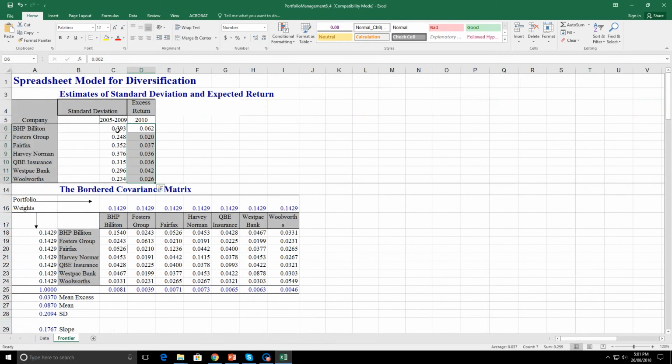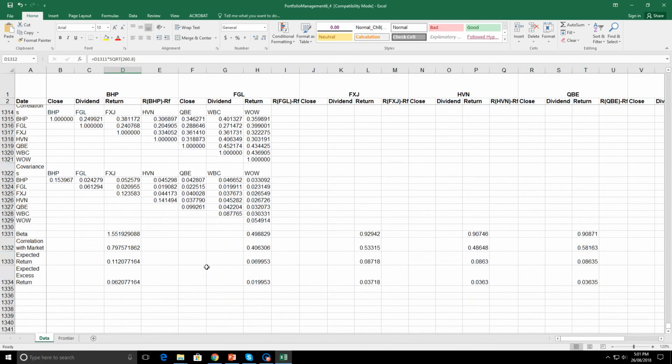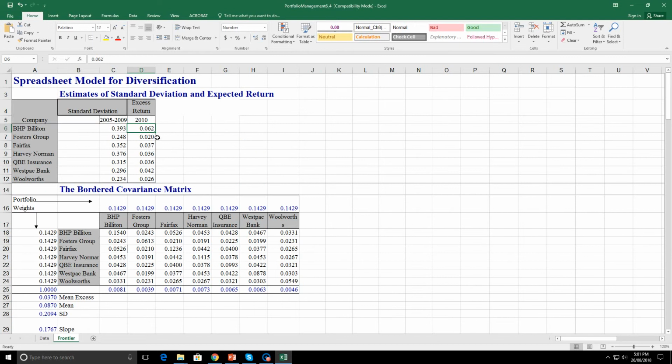And this is the expected excess return for BHP, which is 0.062. I have simply copied the annualized standard deviation and expected excess returns for these 7 stocks and pasted them here.